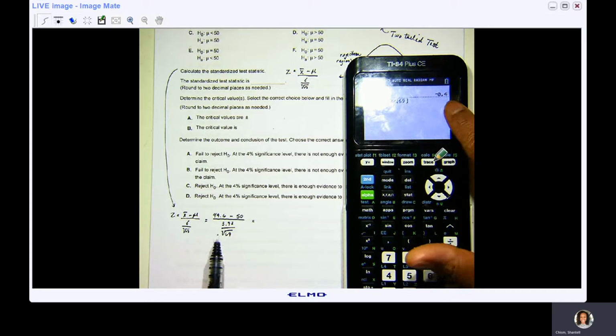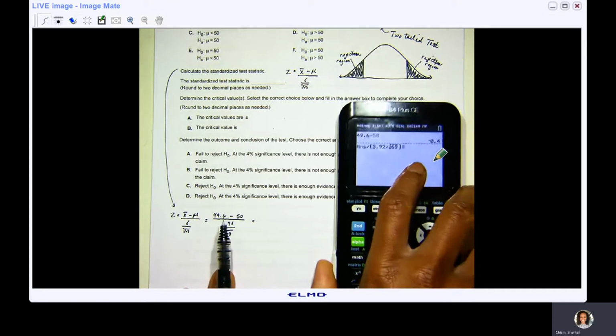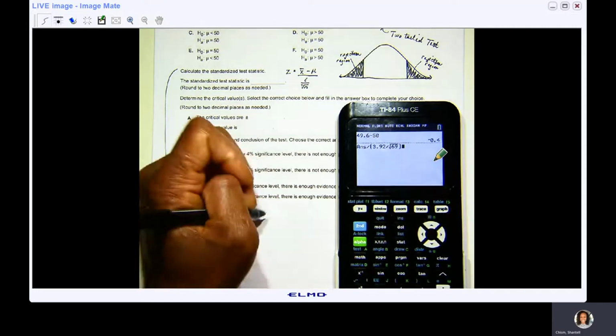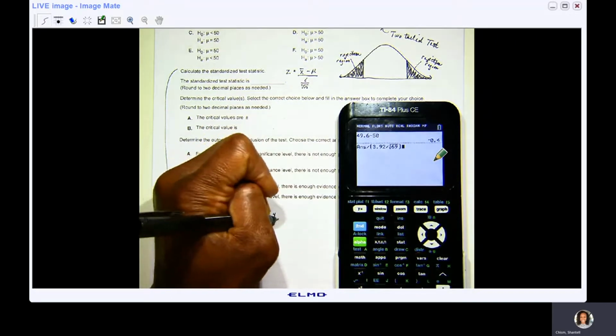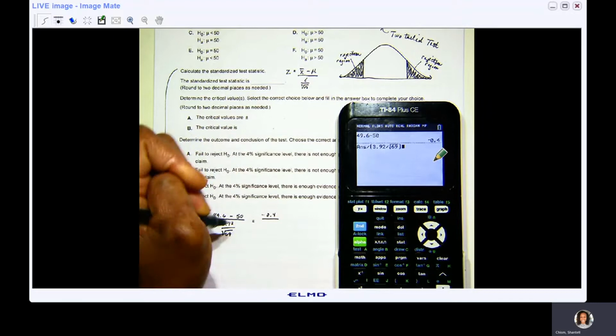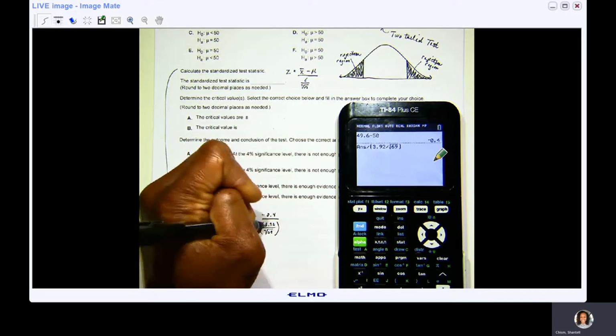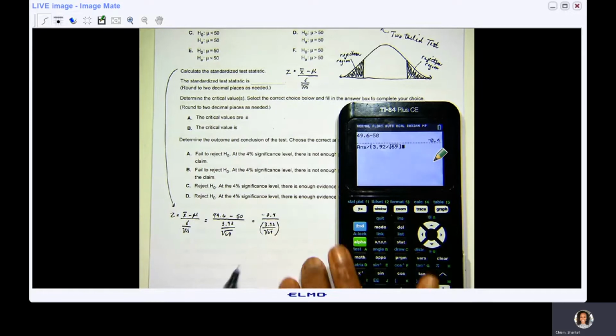So I'm showing that this difference here on top, which was negative 0.4, is going to be divided by 3.92 over square root of 69. And I put that in parentheses so that the calculator understands that this value is divided by this whole value. Okay, as you can see on my calculator.